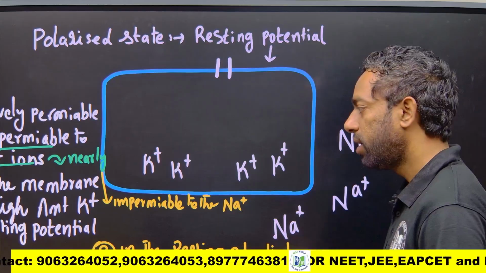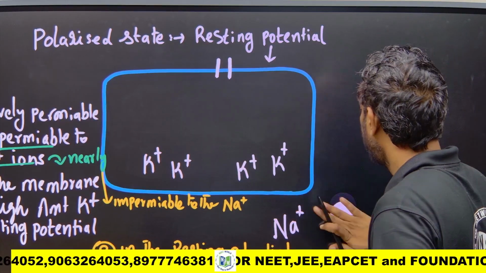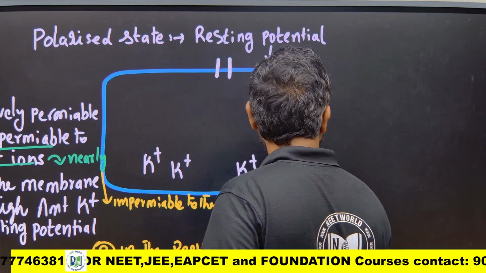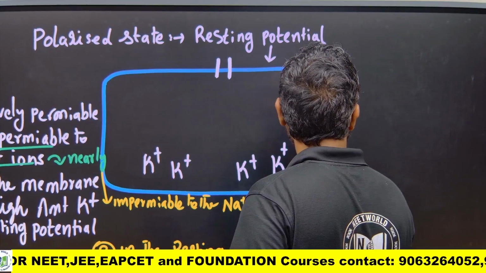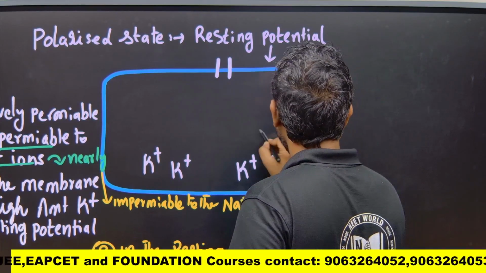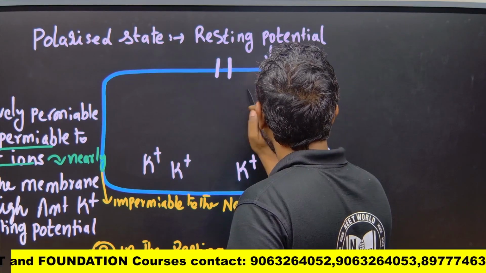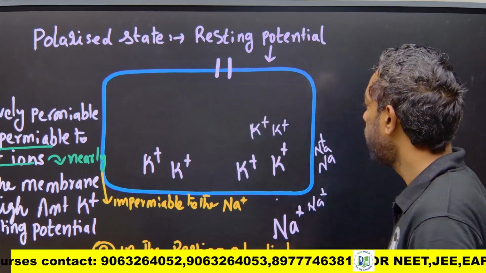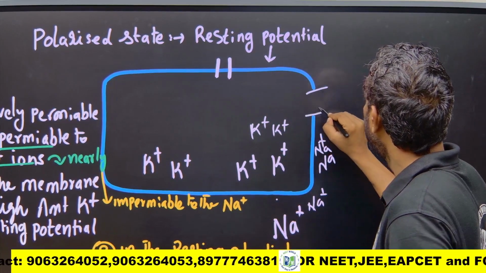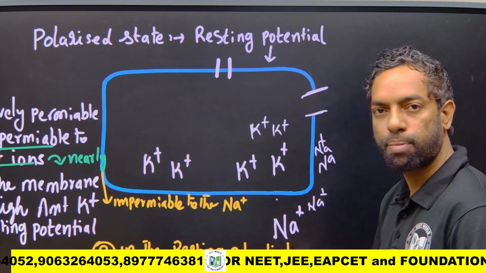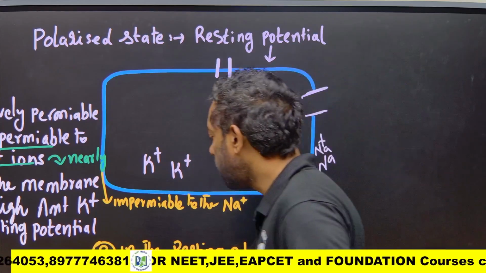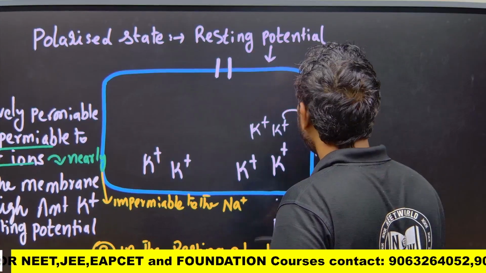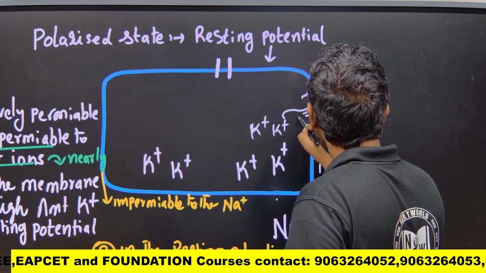Just look here. Sodium ions are outside the cell membrane and potassium ions are inside. There is a leakage gated channel. Potassium is allowed to go out, and sodium is almost impermeable to entering.